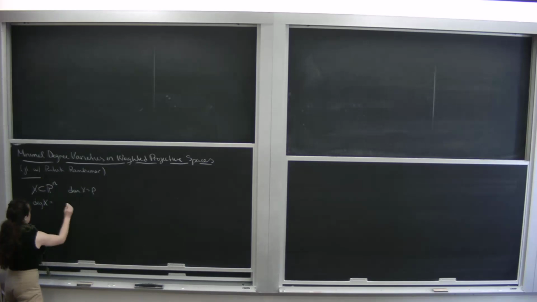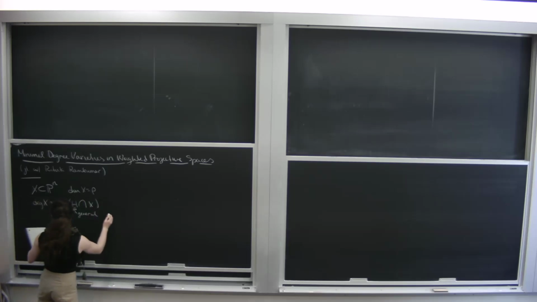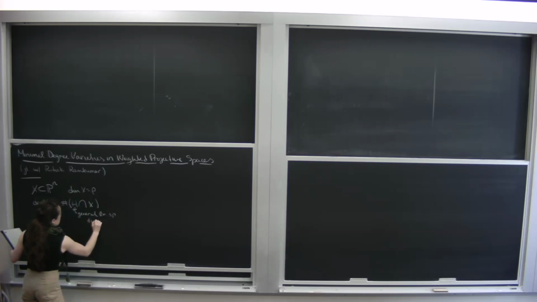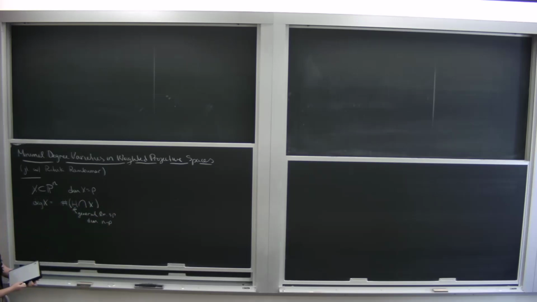There's a few ways that you might like to think about this. Geometrically, this is the number of points of intersection of X with a general linear space of complementary dimension. These will intersect in general in a finite number of points.